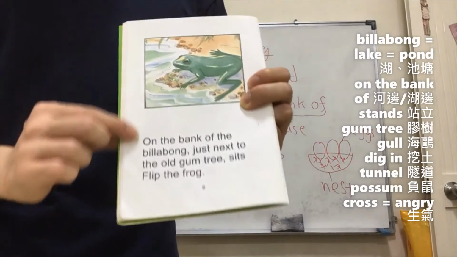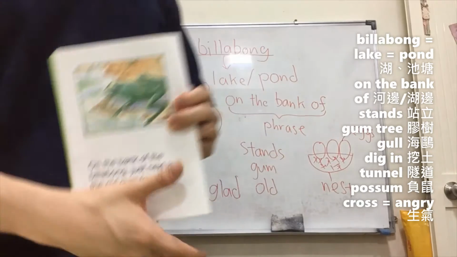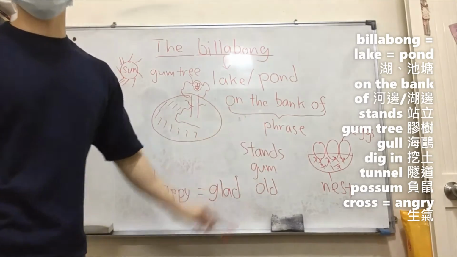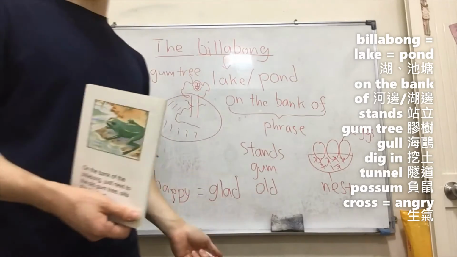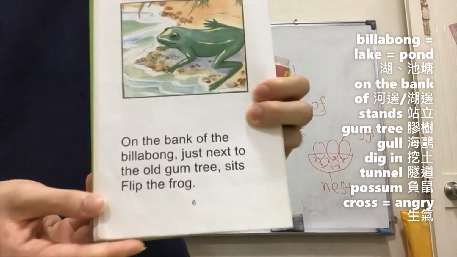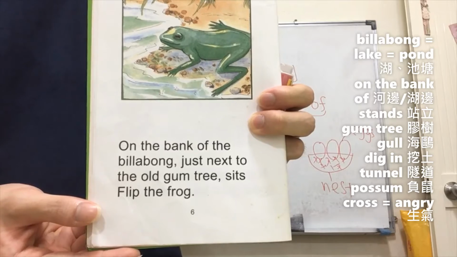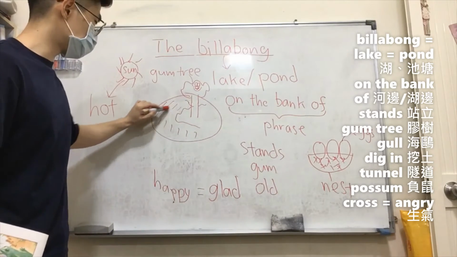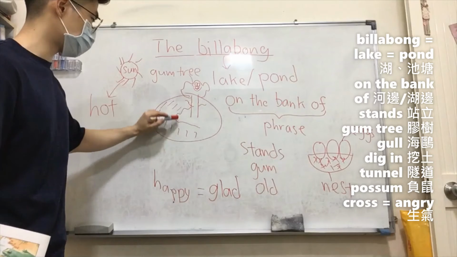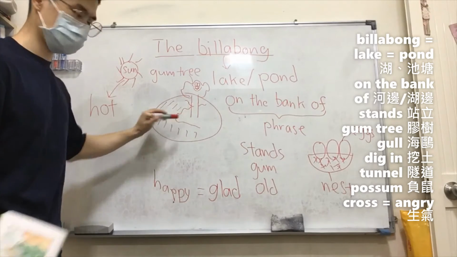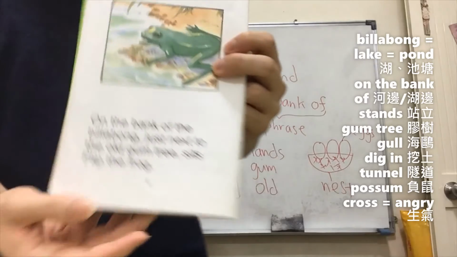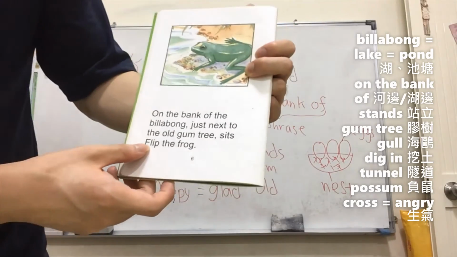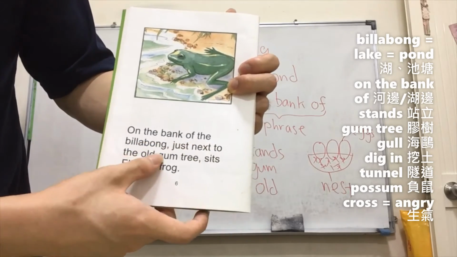So now you see on the bank of, the phrase that we have already learned is appearing again, right? So on the bank of the Billabong means, you see, this is the pond, this is the Billabong. On the bank means at the side, right? Just next to the old gum tree, right?